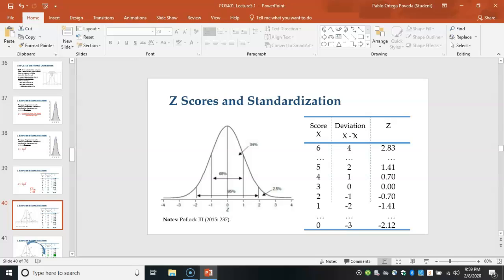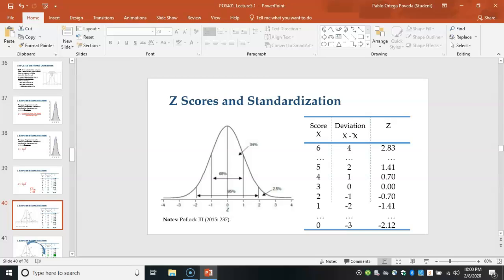When we standardize this distribution, the mean is going to be 0, and the whole distribution of this variable for this sample will be in these small values of C. So we're going to have 68% of the data within more or less one standard deviation, or I'm sorry, one C value.